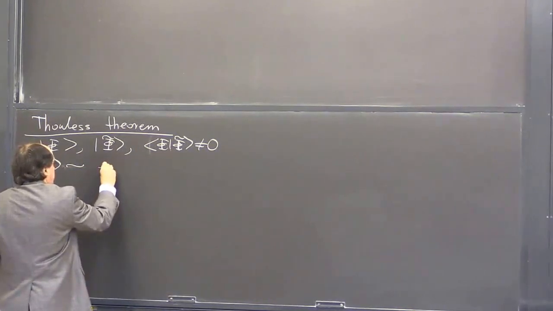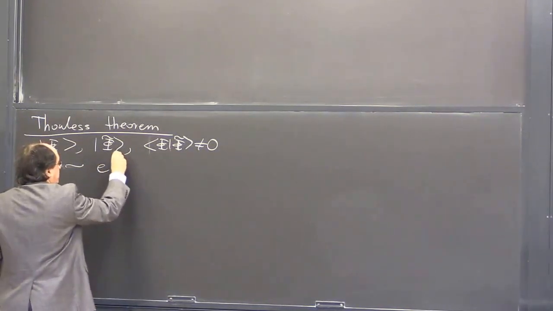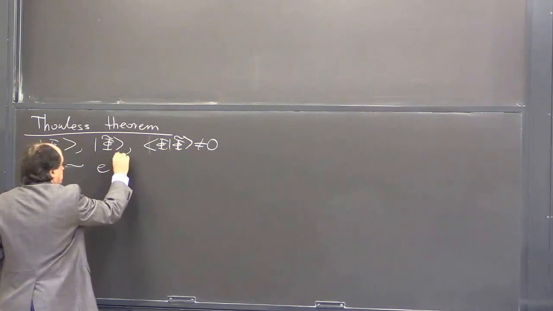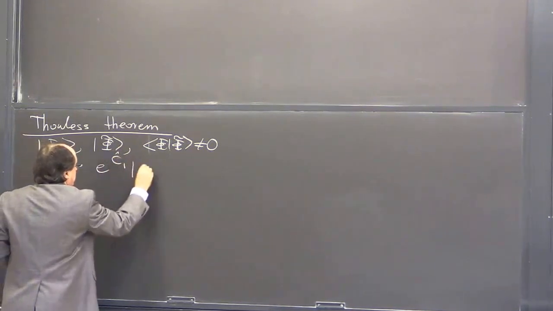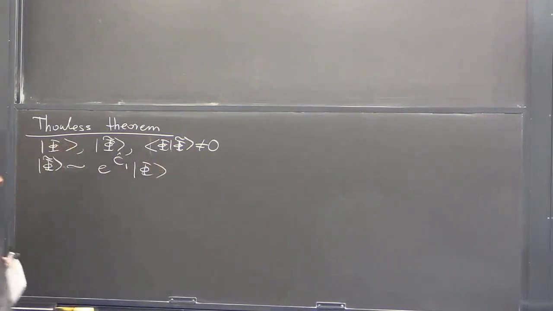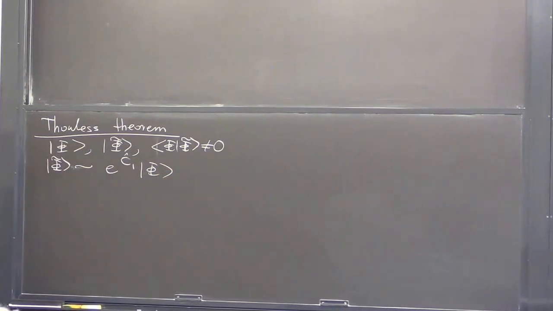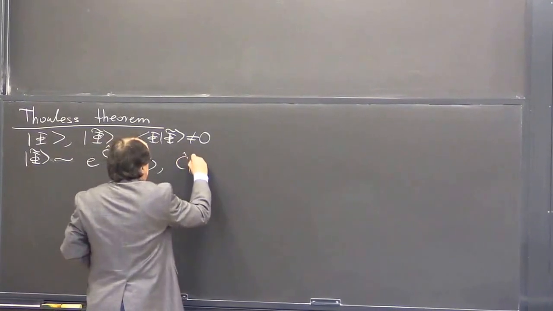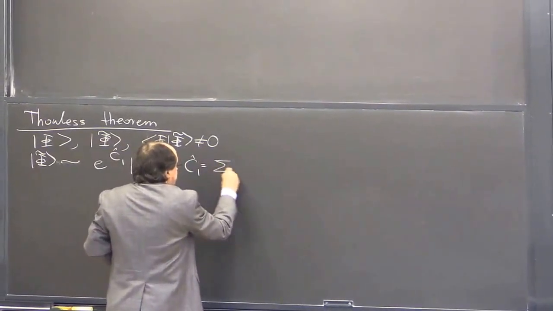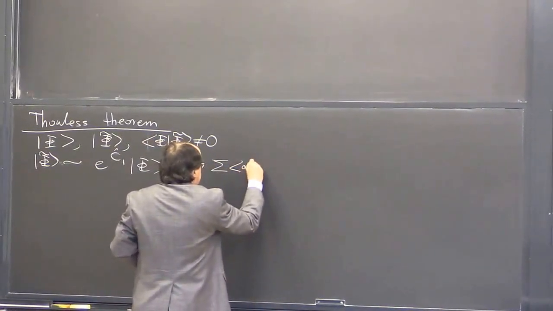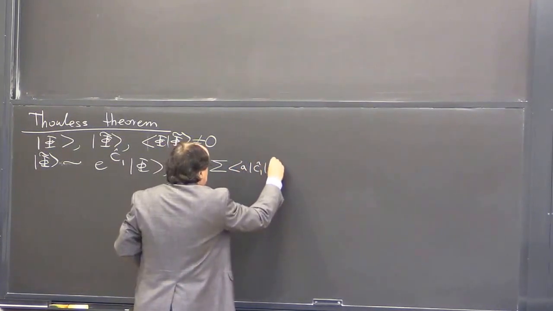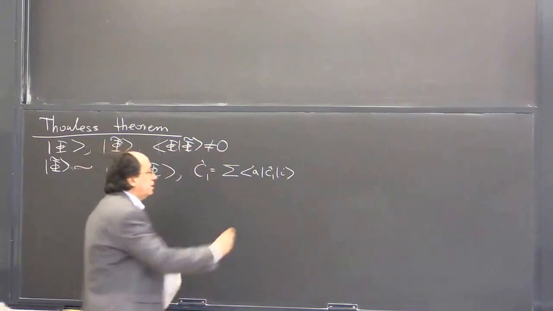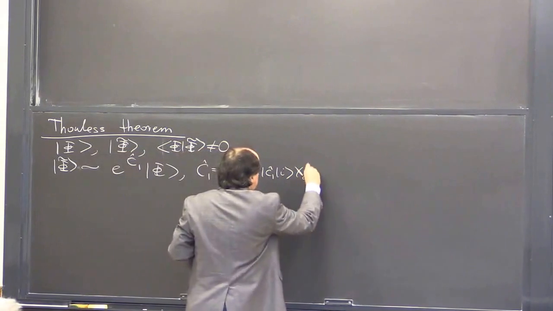to the expression where we are exponentiating the one-body operator C1 and then acting with such an operator, e to the C1, on phi. So C1 here is a standard one particle, one hole excitation operator.